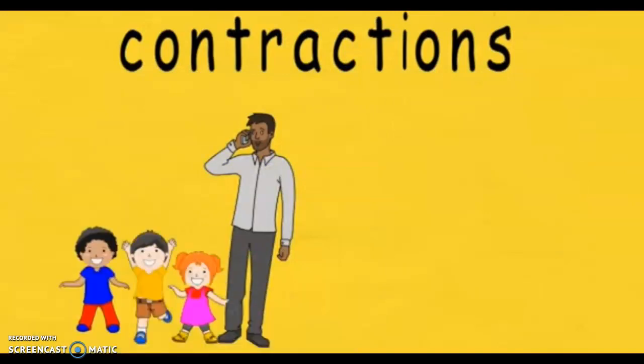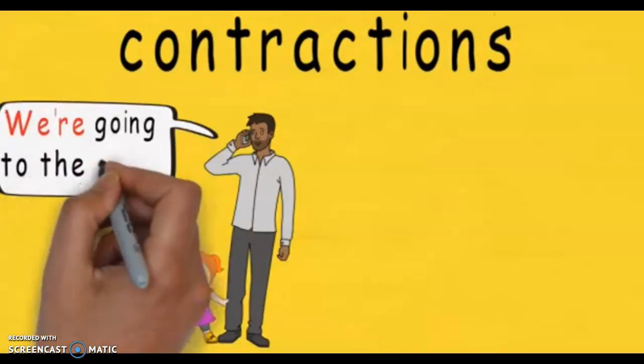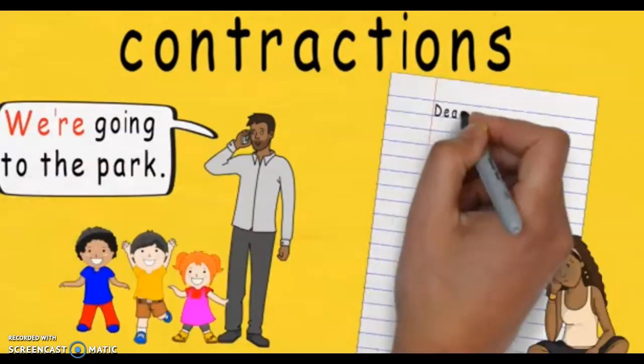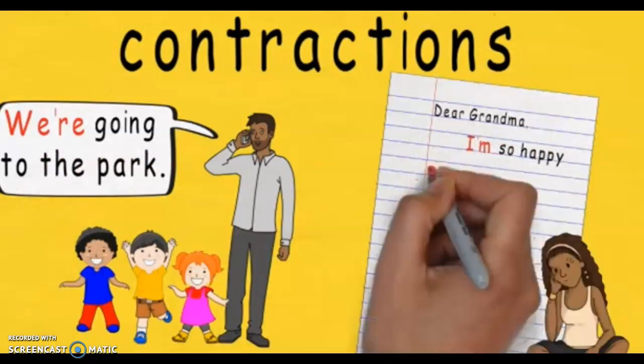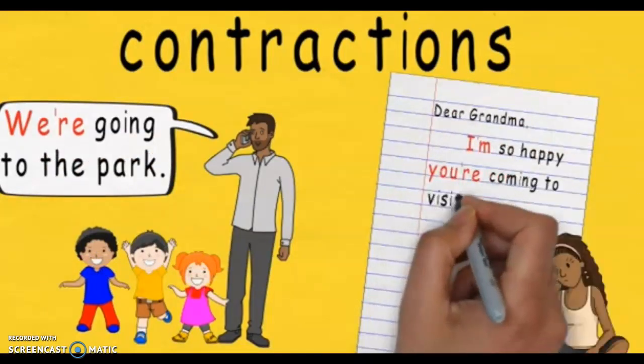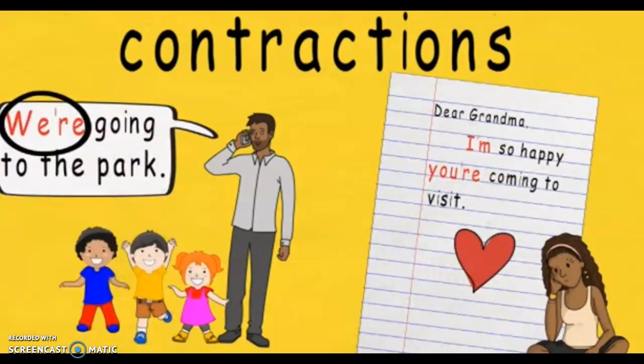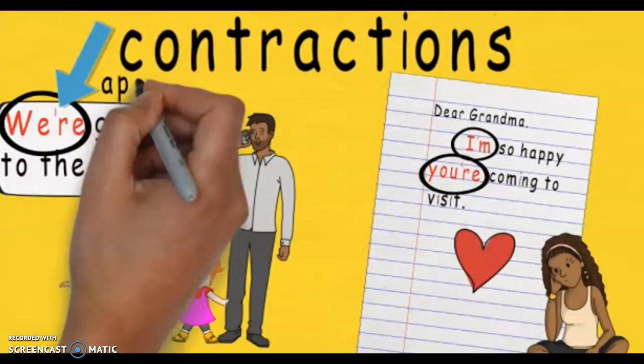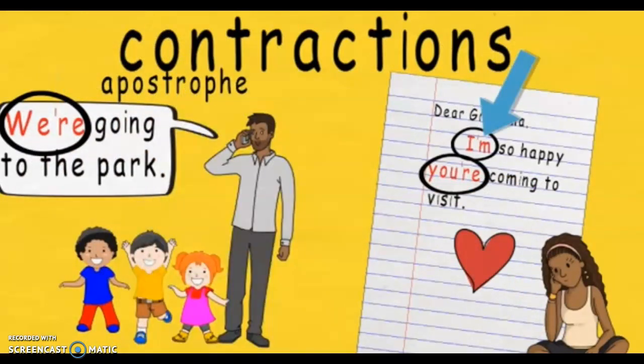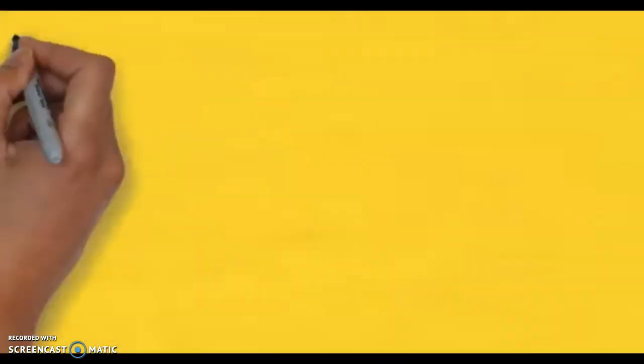We use contractions every day when we speak or when we write. We're going to the park. Dear Grandma, I'm so happy you're coming to visit. You can recognize contractions because they are words that contain a special mark called an apostrophe, but not all words with apostrophes are contractions. Contractions are shortened.